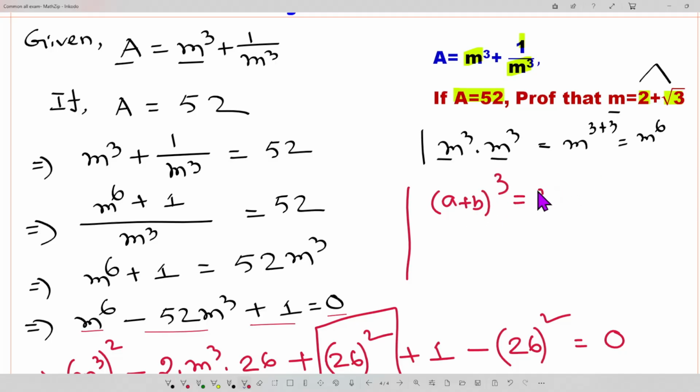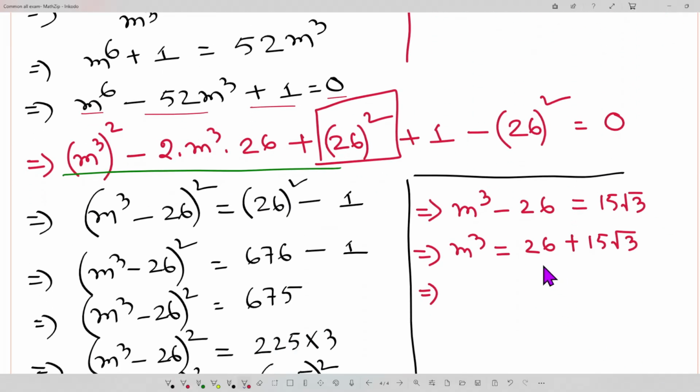We know it is a cube plus 3a square b plus 3ab square plus b cube. So we have to do a similar thing here. How? First, it will be unchanged. It means here is m cube equals, and this 26 is our key point.